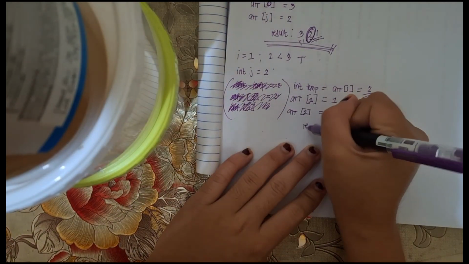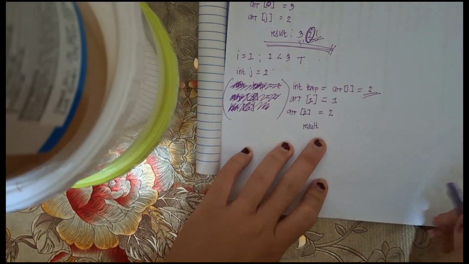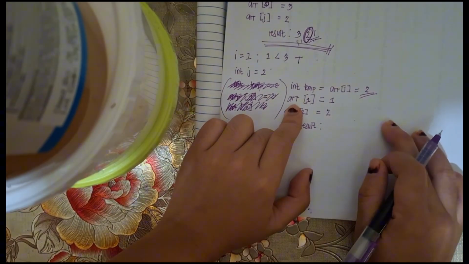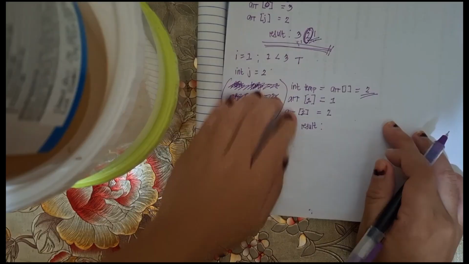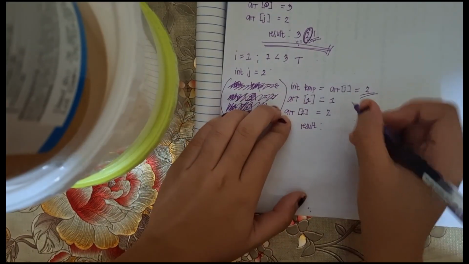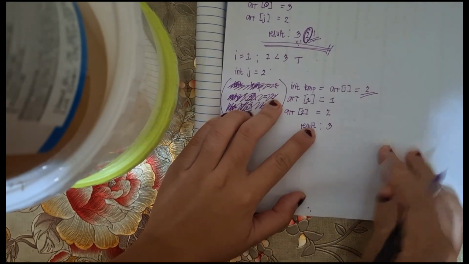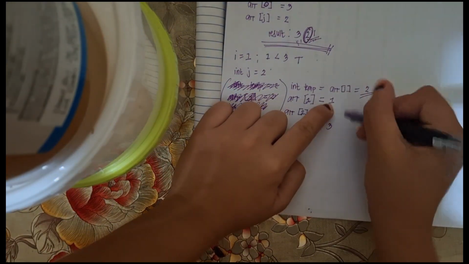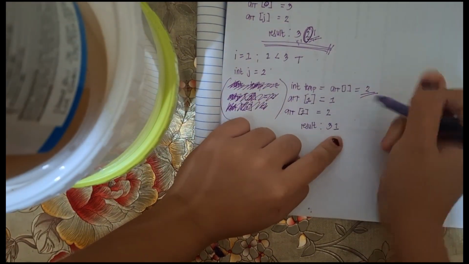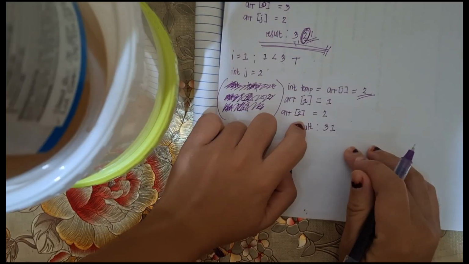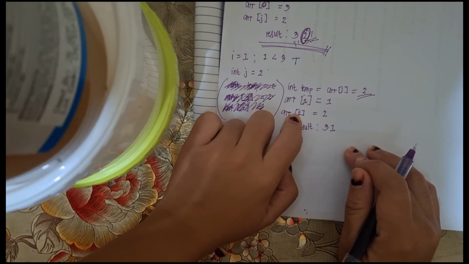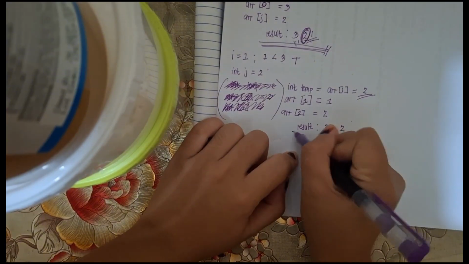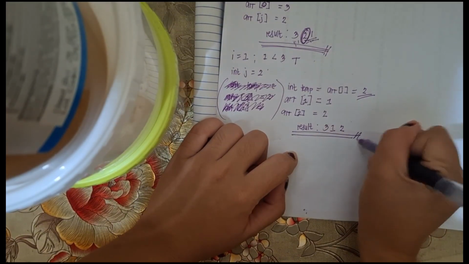Then the result: array 0 is not affected here, so we just copy it back. Then our array 1 is 1, so it becomes 1. Then index 2 is 2. So that is our new sort.